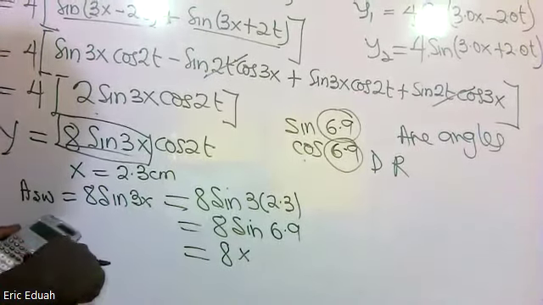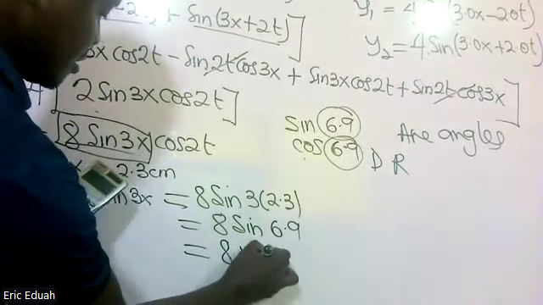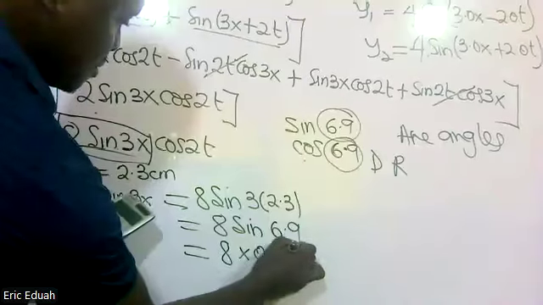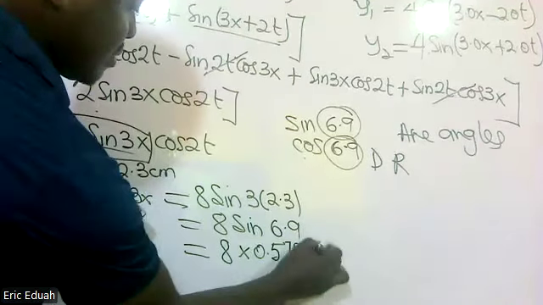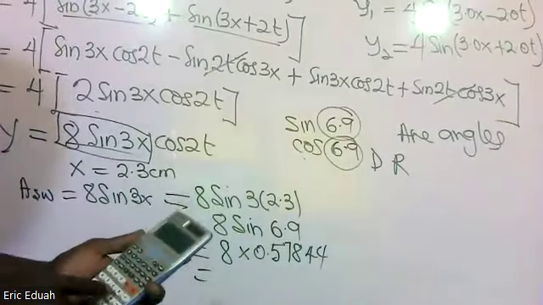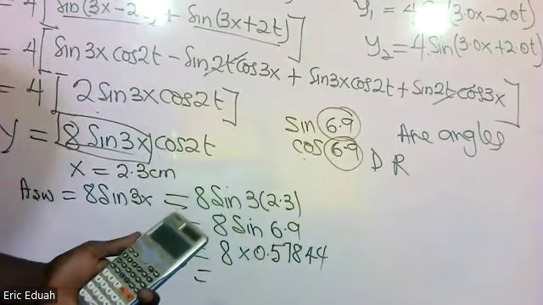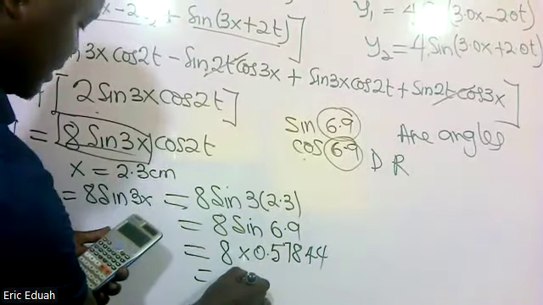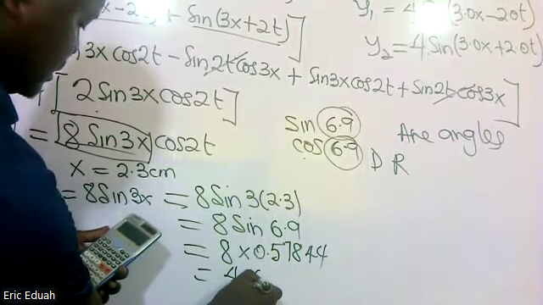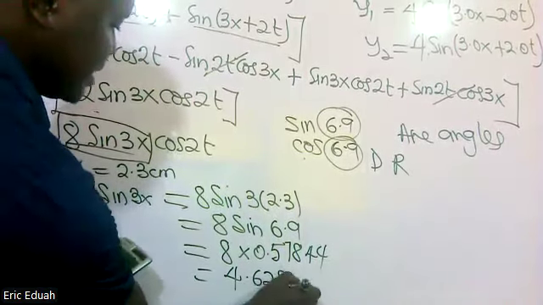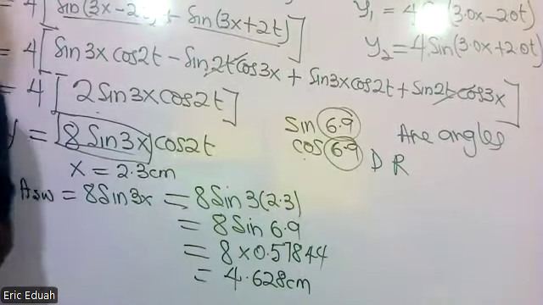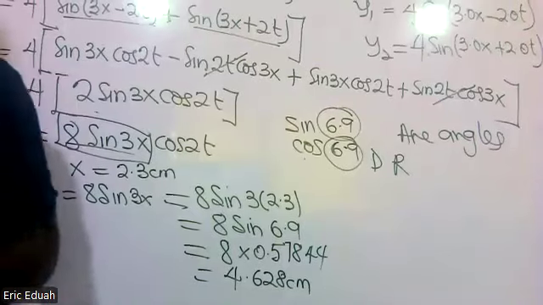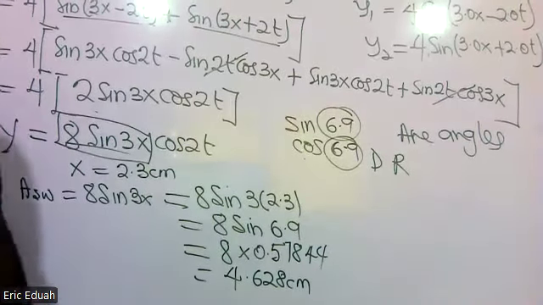When you finish, you multiply by 8. So this is it. Then this times 8. And the value is 4.628 centimeter. Is that what you got? Good.